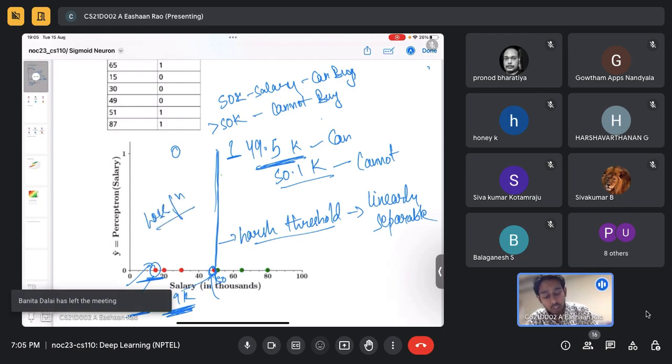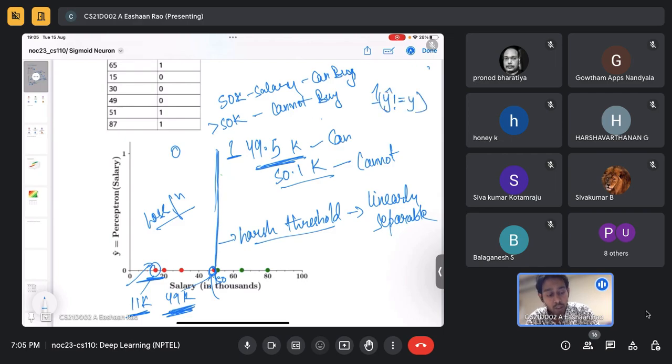Because even the loss function, if you can recall, if I remember correctly, is like y hat is not equal to y. That means if y hat, which is the predicted output, is not equal to y, ideally it should give 0 value, and if it is equal to y, it should give me 1 value, something like that.